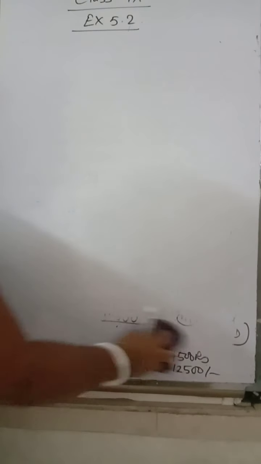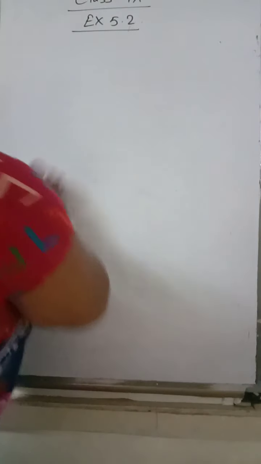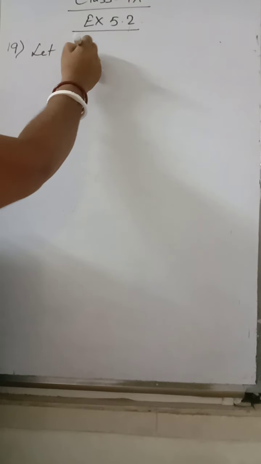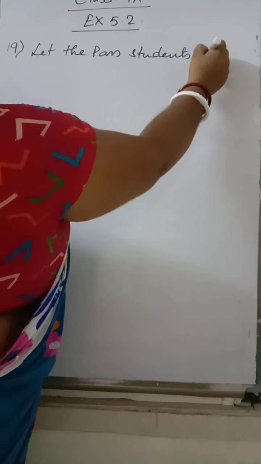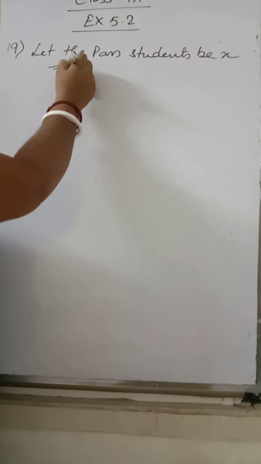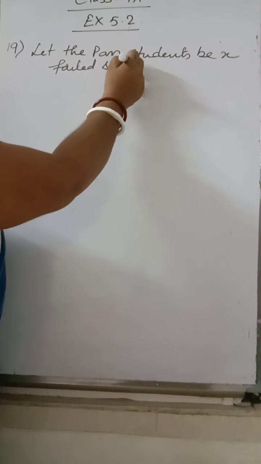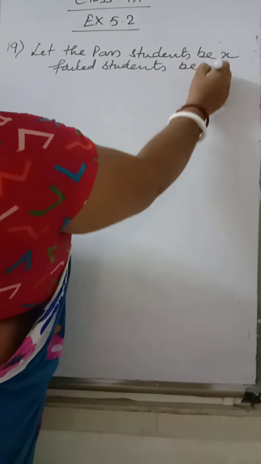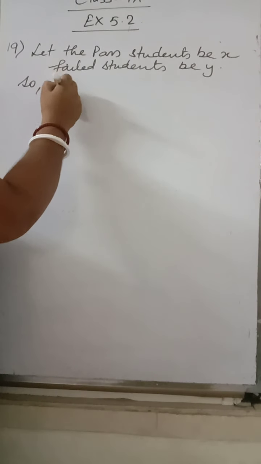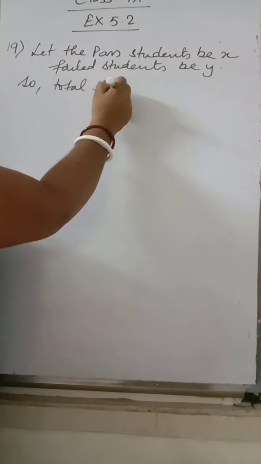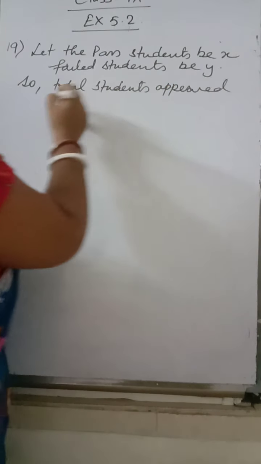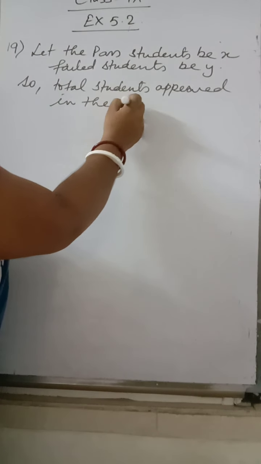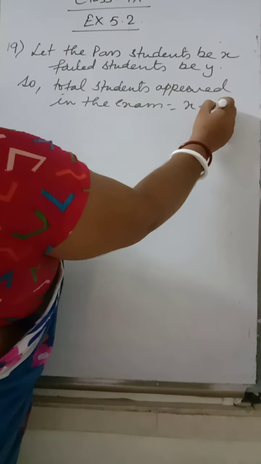Question number 19. Let the passed students be x, failed students be y. So total students appeared in the exam is x plus y.